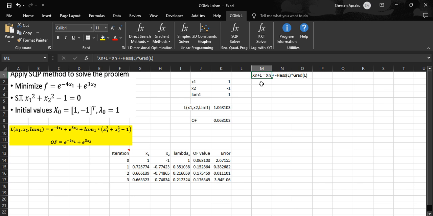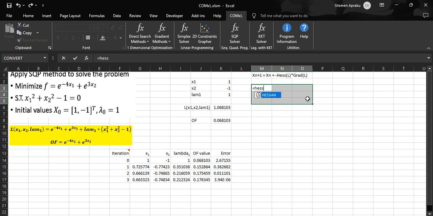So in the COMSOL worksheet or workbook, there's an inbuilt Hessian function that we can employ over here. So now since we have our function of three variables, the Hessian is going to be a 3 by 3 matrix. So to use the Hessian, I select 3 rows and 3 columns.